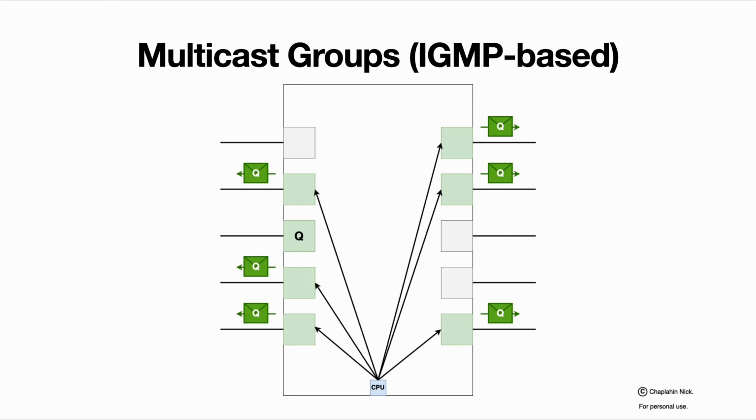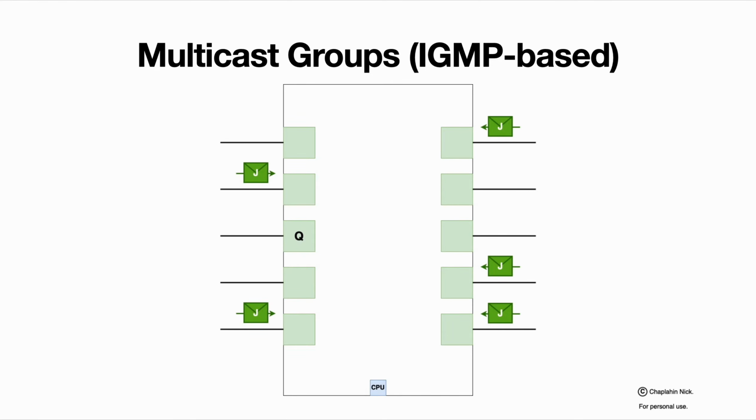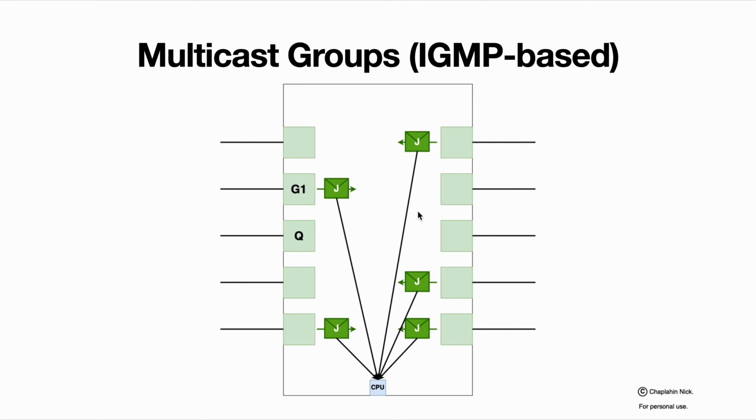Devices that received those queries at some point decide that they are interested in receiving such information and reply with join packets, saying that they would like to join this group. They would like to set up a membership in this group. Again, this is control traffic.